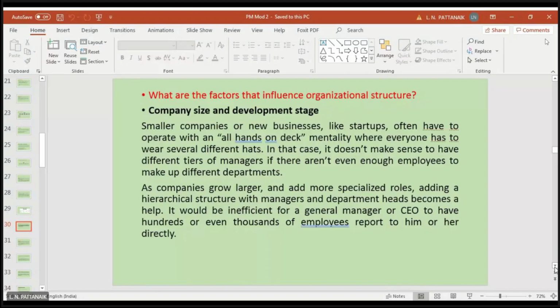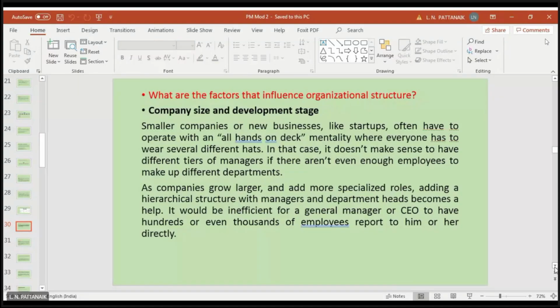This is called organic structure, which is in contrast with the mechanistic structure, where you do not have any clear-cut authoritative line or chain of command. Everyone thinks they are at par with the other, and they work as a team. I'm talking about the startup culture.